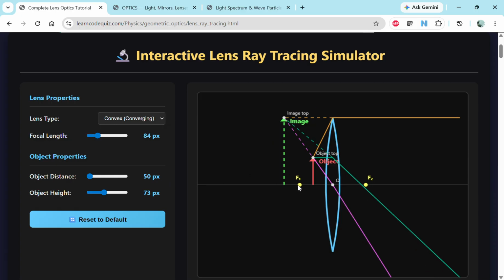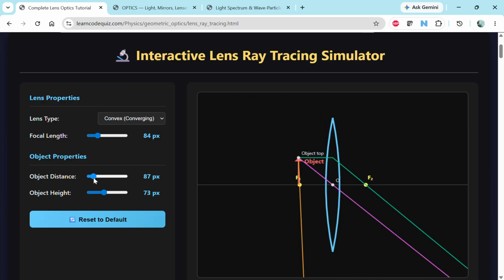Let's say this is the focal point. Focal point means that if I keep the object right at the focal point, you see the rays are parallel. The image is formed at infinity, because parallel rays come out.